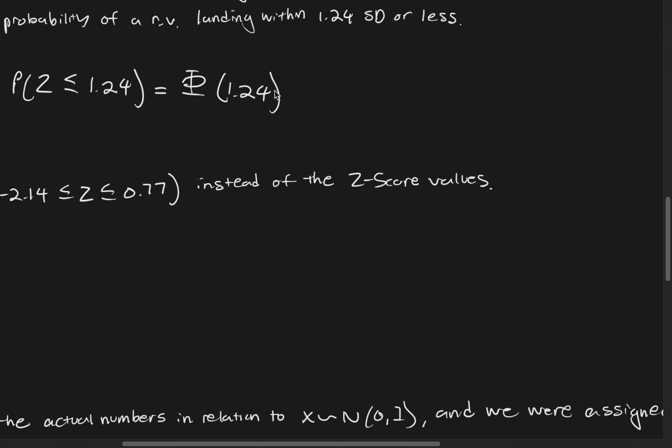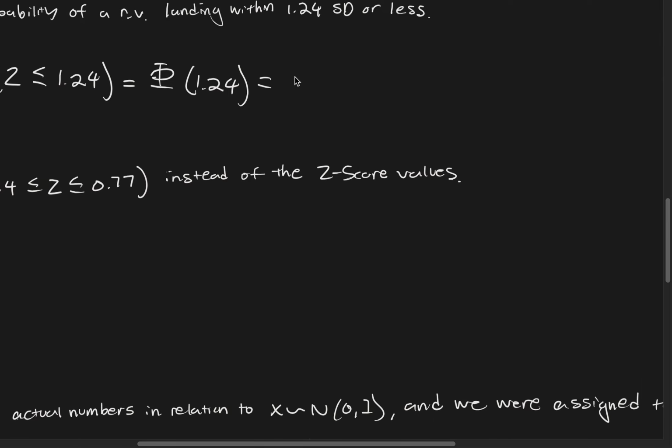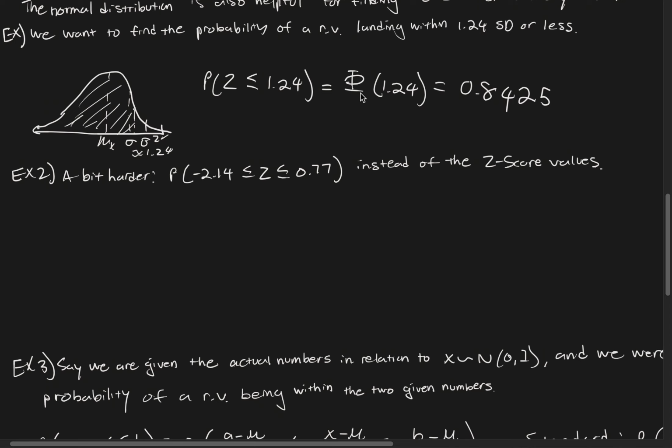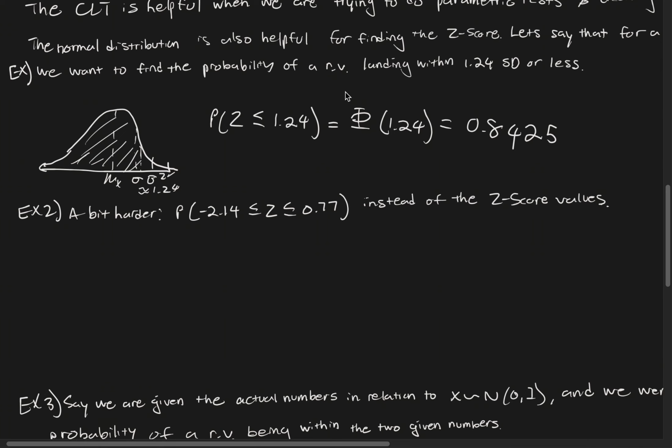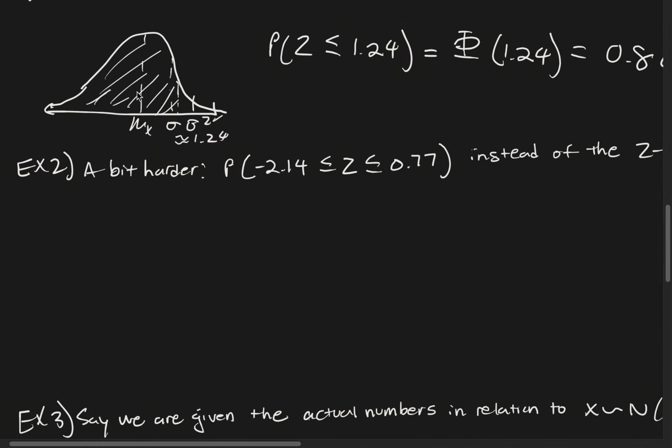We just have to make sure that we use a cumulative normal distribution function, not the one with the exact probability. If you look that up, it should come out to 0.8425. So we have an 84.25% chance of a random variable landing within 1.24 standard deviations or less, which makes sense because this part of the area looks like it covers most of the normal distribution.